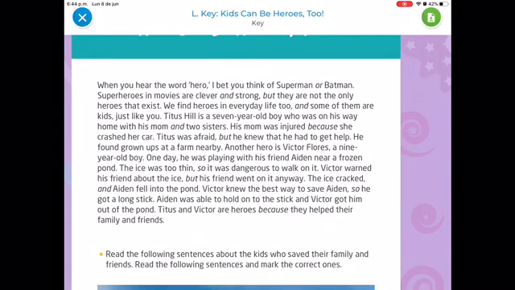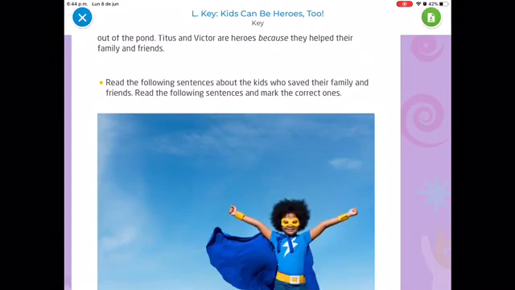The ice cracked and Aiden fell in the pond. Victor knew the best way to save Aiden, so he got a long stick. Aiden was able to hold on to the stick and Victor got him out of the pond. Titus and Victor are heroes because they help their family and friends.